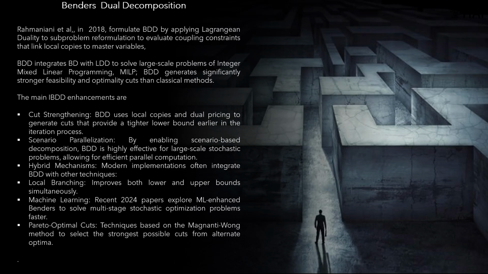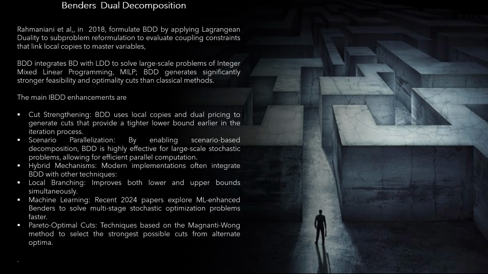Rahmaniani et al. formulate BDD by applying Lagrangean duality to the subproblem reformulation to evaluate coupling constraints that link local copies to master variables. BDD integrates BD with LDD to solve large-scale problems of mixed integer linear programming, MILP. BDD generates significantly stronger feasibility and optimality cuts than classical methods.